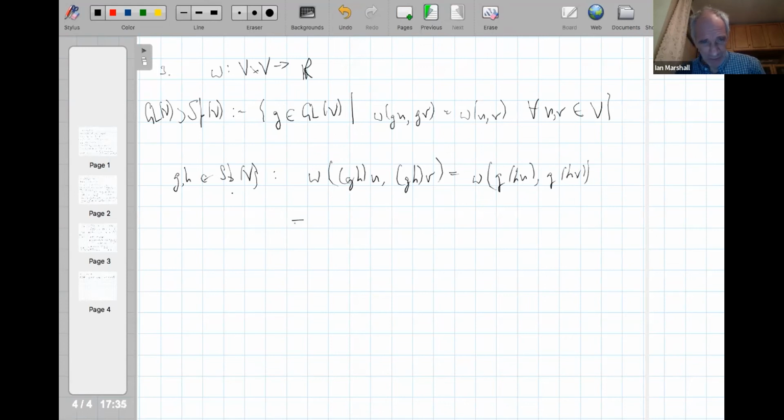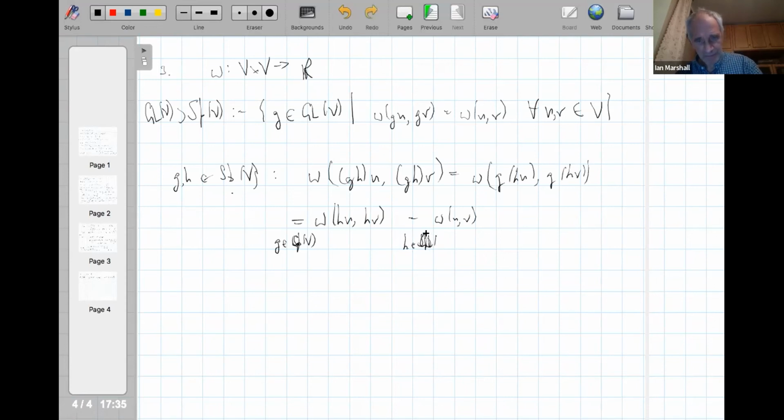And now, by the property that G is in SPV, this is omega of HU, HV. And now this is equal to omega of UV because H is in SPV.